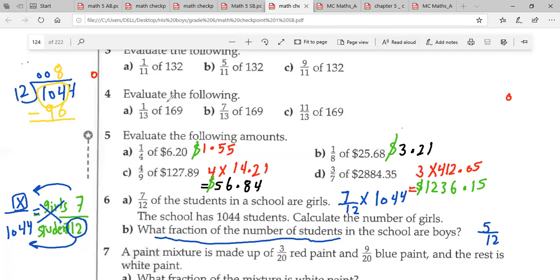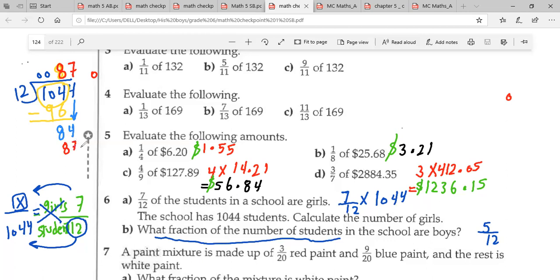Yes. 8. Yes, good, Yusuf. 8. And drop one digit, Yusuf. Drop the 4. Then 84 divided by 12, Yusuf. 84 divided by 12. 7. Yes, Yusuf. MashaAllah. 7 multiplied by 12 is 84. Here is the answer, Yusuf.